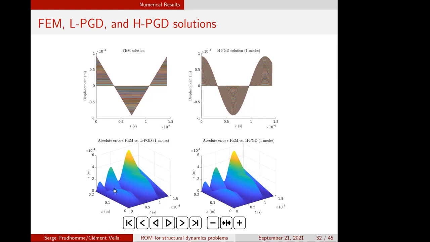The error, essentially, after many modes, was just concentrating around the front. But those were the errors that we could expect. And in that case, the solutions of the HPGD and LPGD were very similar.